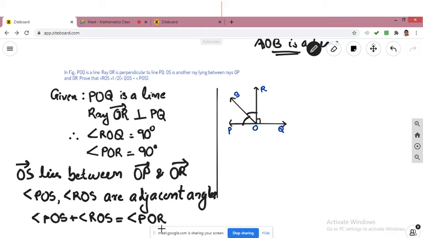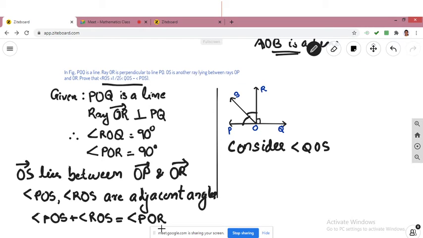Now consider the angle QOS. To prove that angle ROS is equal to half of angle QOS minus angle POS, let's consider angle QOS.